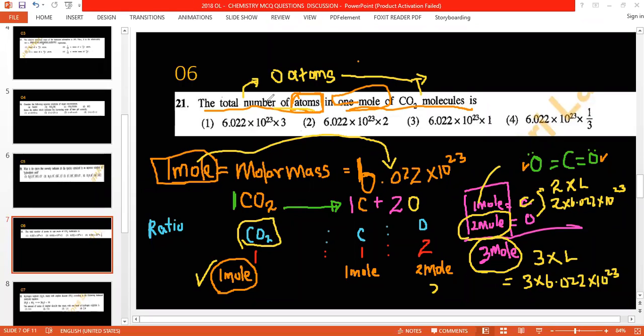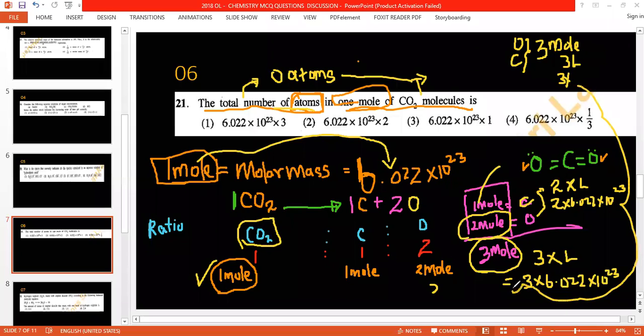But what have they asked? The total number of atoms. What atoms do we have? Oxygen and carbon. Oxygen and carbon all together, how many moles? 3 moles all together. So it should be 3L, which means 3 into 6.022 into 10 to the power 23, and that should be the answer here.